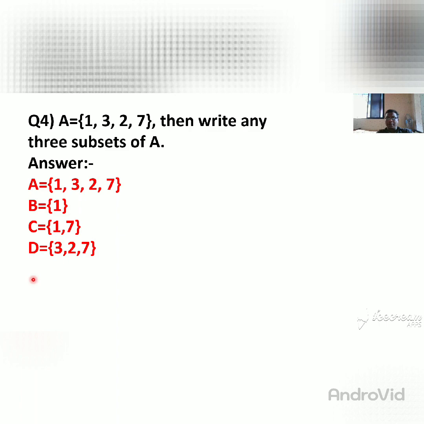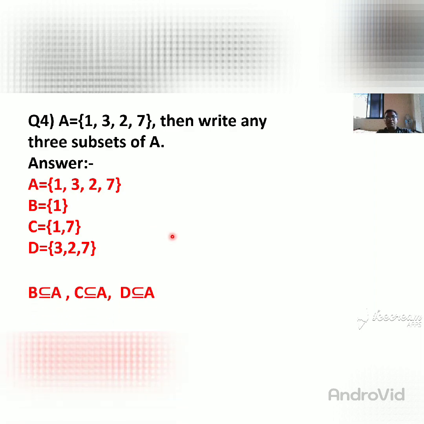Do you understand how to write a subset? It is very simple. Whatever set is given, write that set's elements separately: 1 is written, then 3 in another set, then 2 in another set. Whatever set is given, write its elements separately and give a name, and that becomes a subset. I think you understand how we can write subsets.